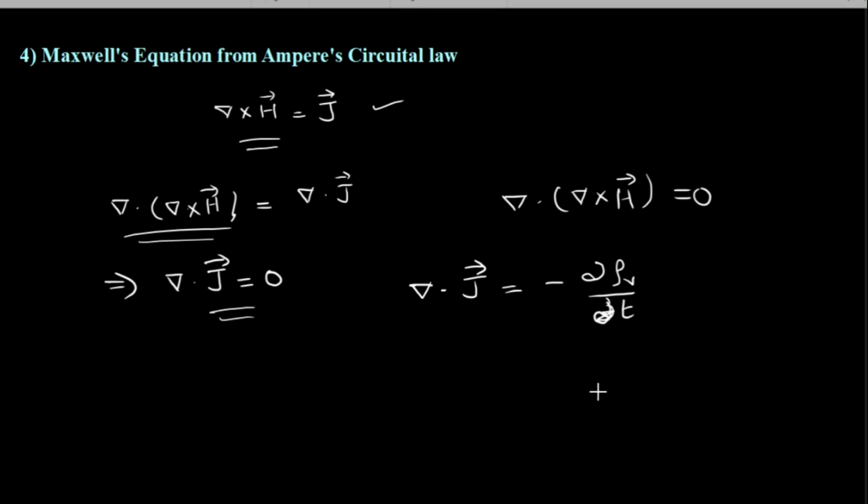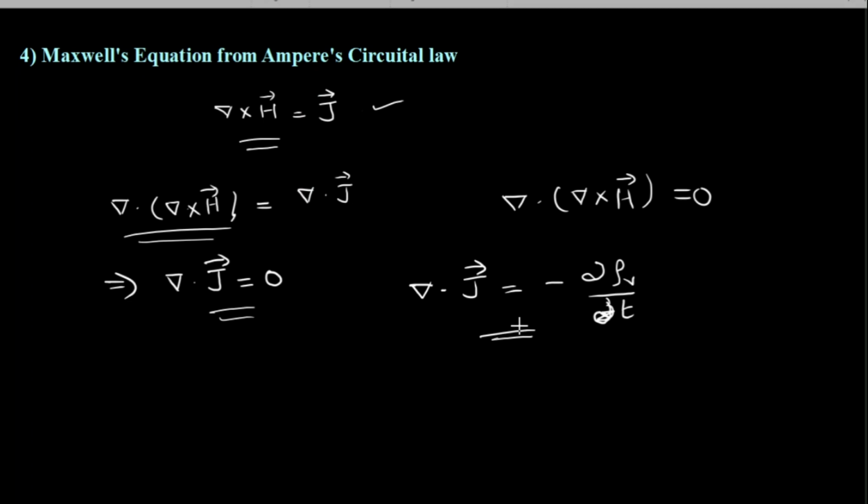This is from the continuity equation. And now, just now, I got del dot J equal to 0, by applying Ampere circuital law. But I cannot agree, because I already know it is a well established relationship that del dot J equal to minus d bar rho v by d bar t.